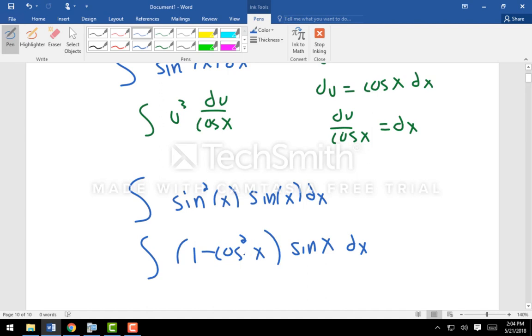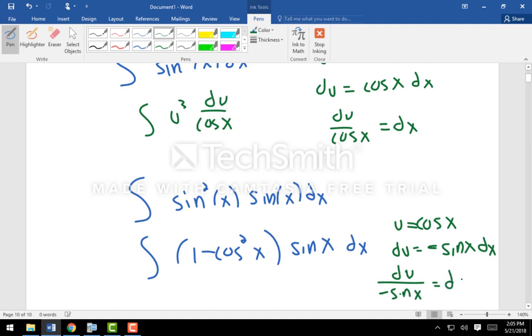So I'm going to have 1 minus u squared, and the derivative of the cosine is the sine that we have saved. Let u be cosine. So the derivative is negative sine of x dx. I'll solve for dx: du over negative sine of x.